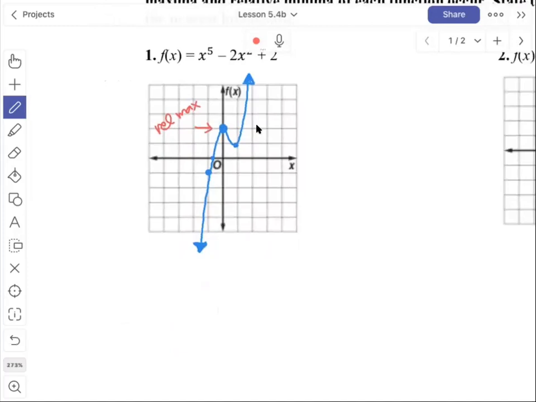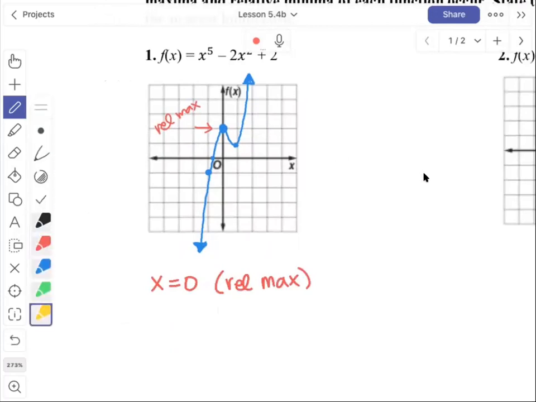The x coordinate for that is 0. So I'm going to say x is equal to 0, and there is a relative maximum. And yes, you do need to specify if it's a maximum or minimum. Then there is a relative minimum right here.